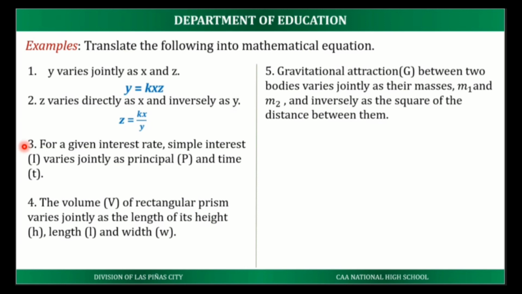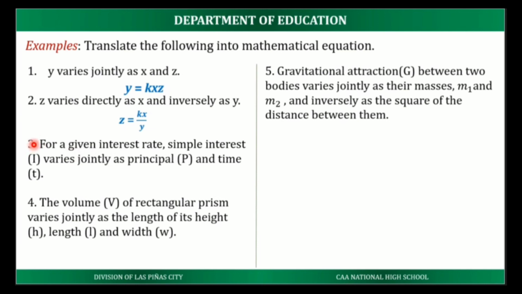Number 3, for a given interest rate, simple interest I varies jointly as the principal P and time T. So, number 3 is an example of joint variation. So, wag nyo kalimutan kapag capital ang given, capital din yung nasa translation nyo.